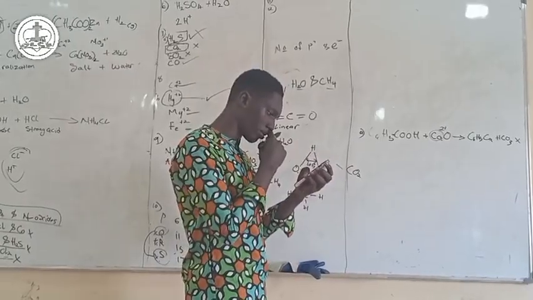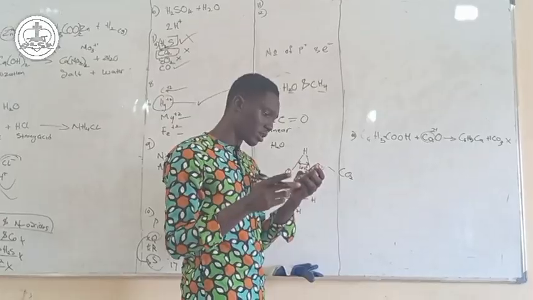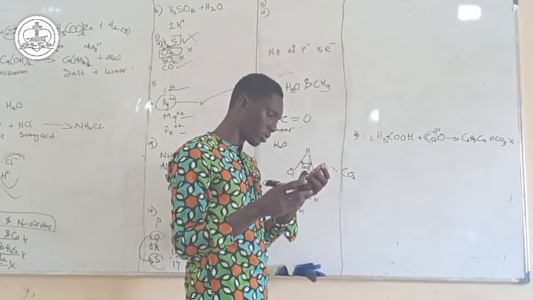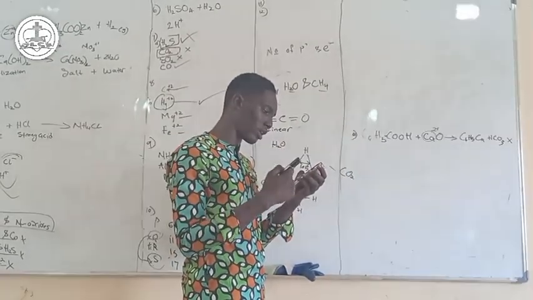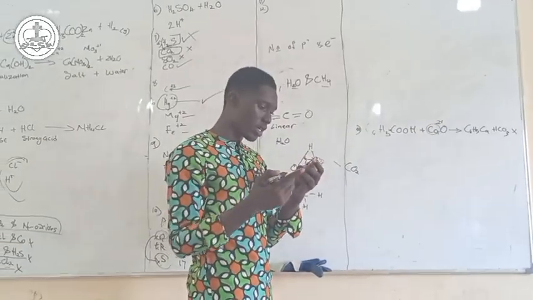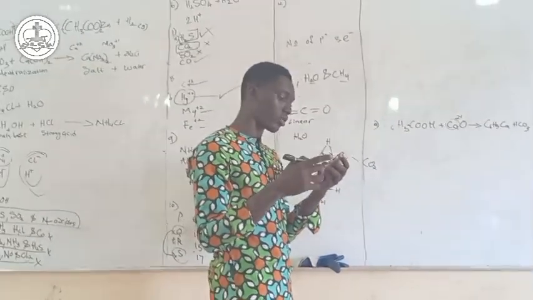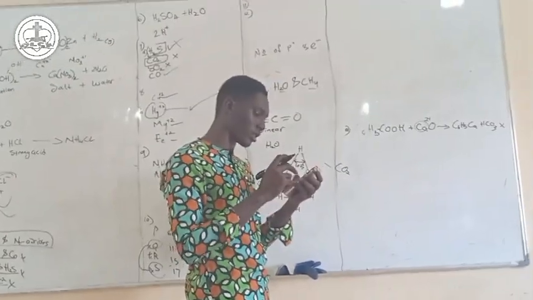So the correct option is B: C6H5COOH, benzoic acid, when reacted with calcium oxide, gives benzene and calcium carbonate. The correct answer is B.